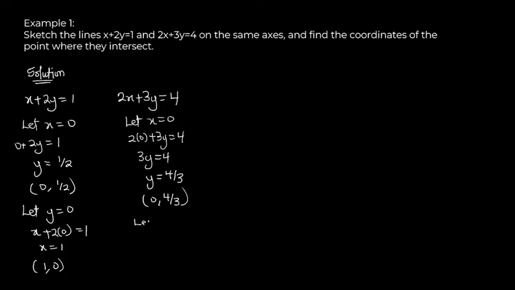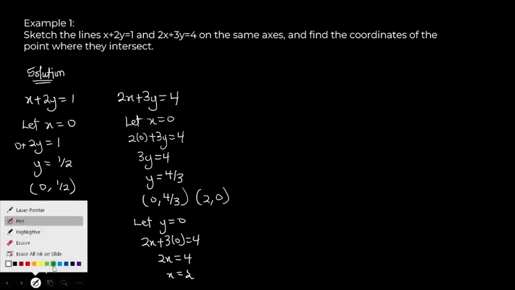Then we let y be equal to 0. Now we have 2x plus 3 times 0 is equal to 4, so 2x equals 4, and x is equal to 2. So the second coordinate is (2, 0).